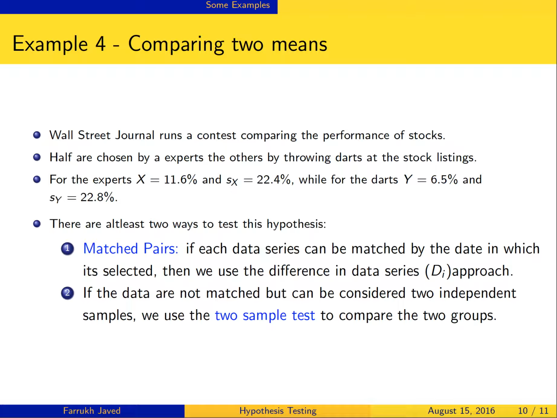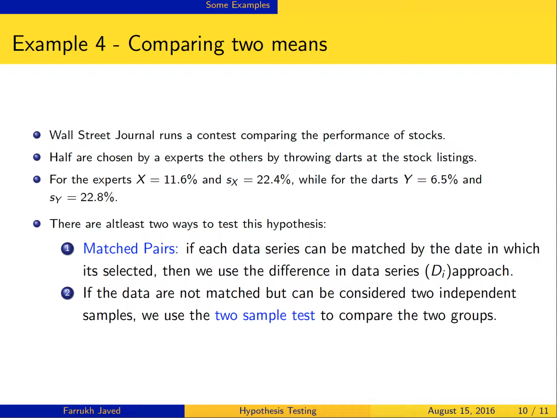There is a distinction between those two definitions, and this tells us which method we should use and when. Matched pairs is one of the ways, and it says that if each data series can be matched by the date on which it is selected, so if you have two observations at the same date and this keeps going on, then you can compare them as matched pairs.